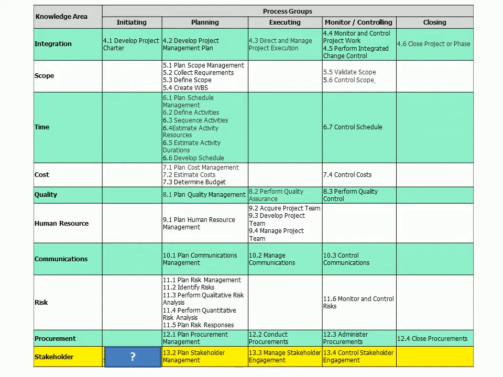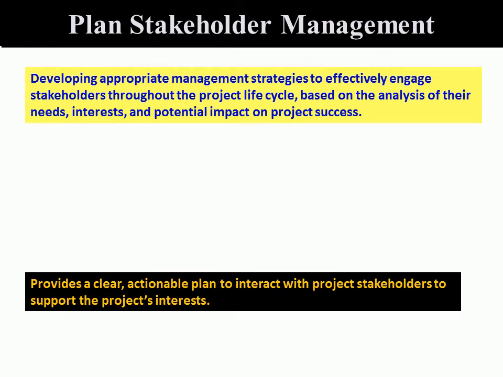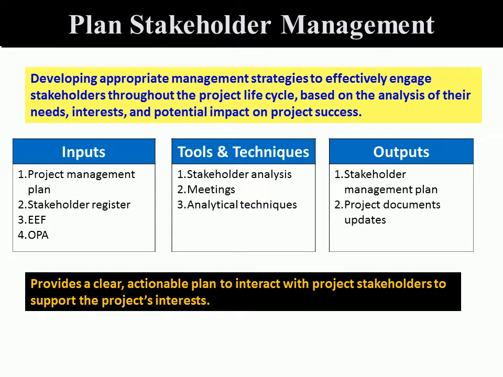So what is the first process in project stakeholder management? If you say identify stakeholders, you are right. So let's go on to the second process. The second process is plan stakeholder management. So having identified who the stakeholders are, we identify appropriate strategies.